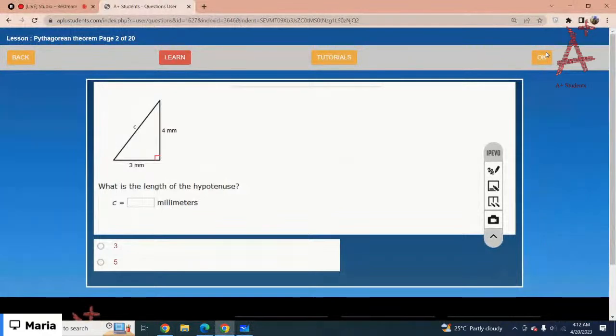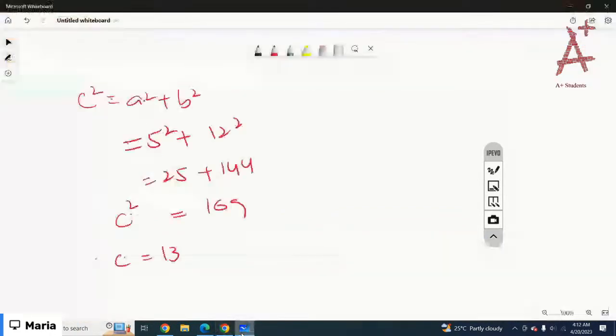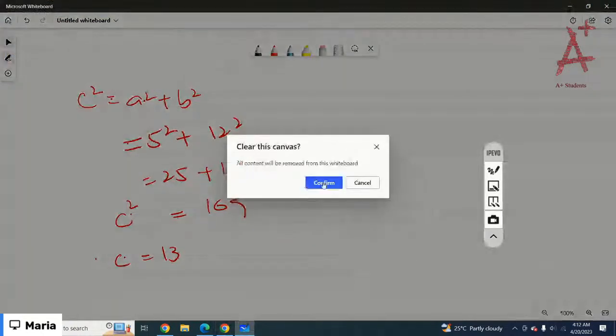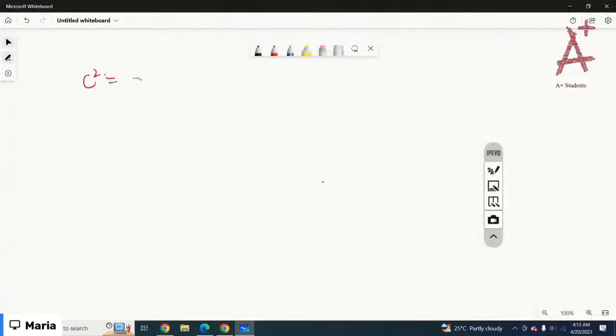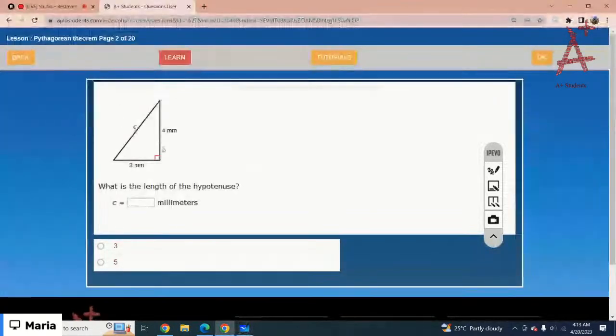Okay, what is the length of the hypotenuse? You have to solve the right angle triangle again and calculate the value of the hypotenuse. We know the Pythagorean theorem: c square equals a square plus b square. The values are 4 and 3.